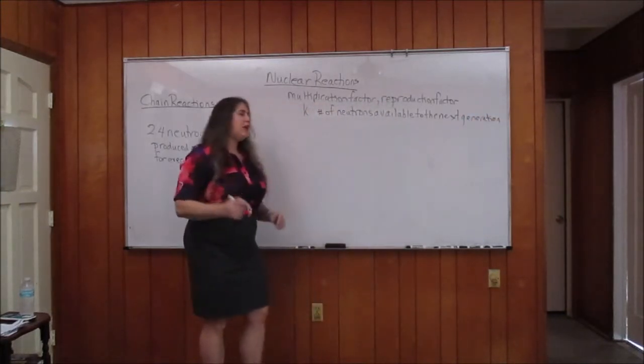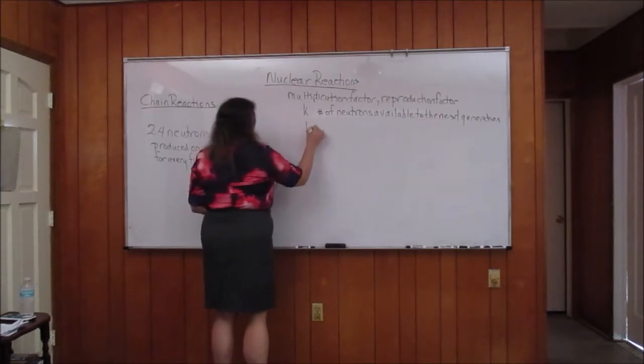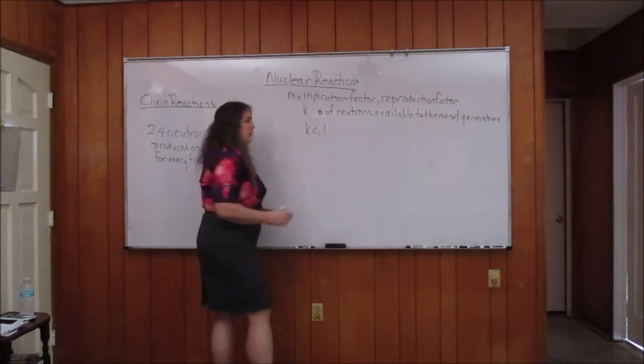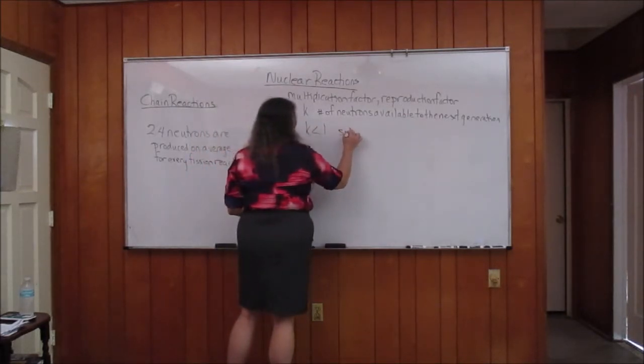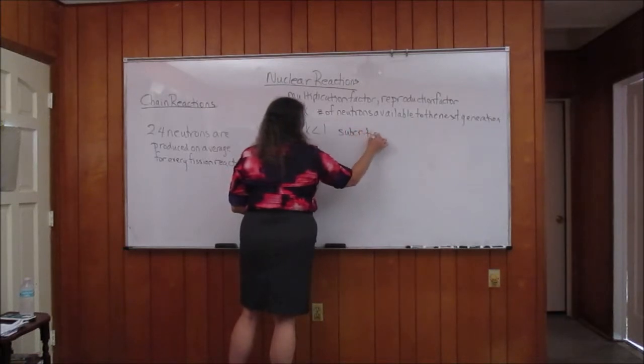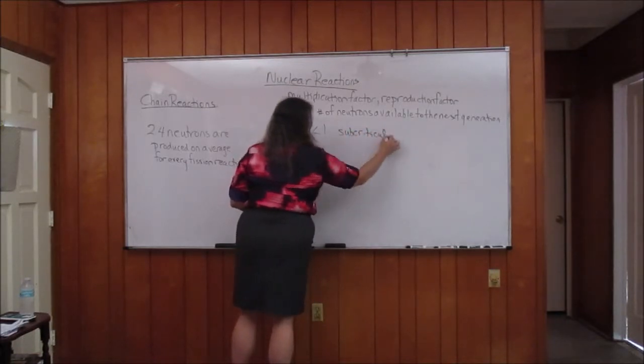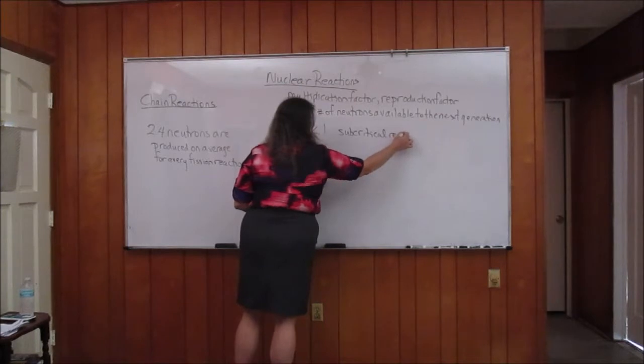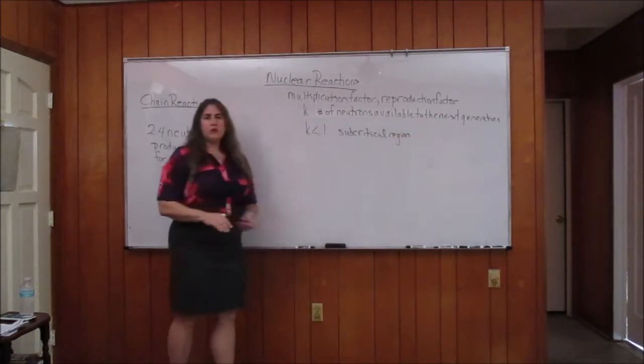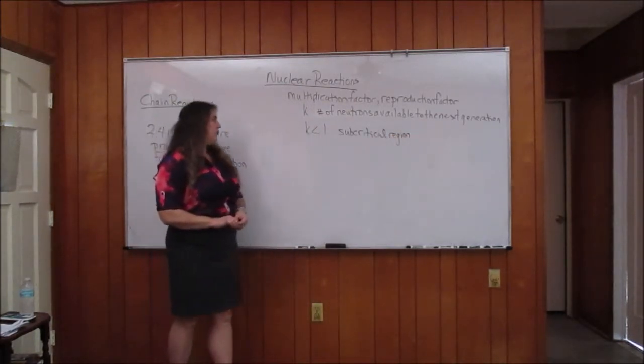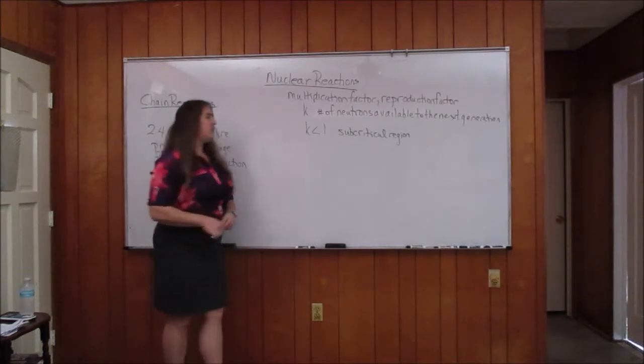There are two main areas of operation. When k is less than 1, this is termed the subcritical region. And that means there aren't enough neutrons to sustain the chain reaction, and therefore it will end.